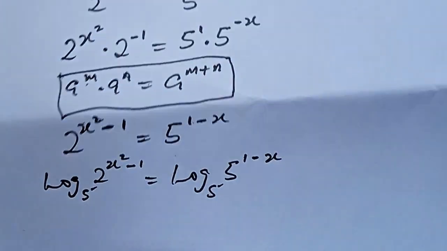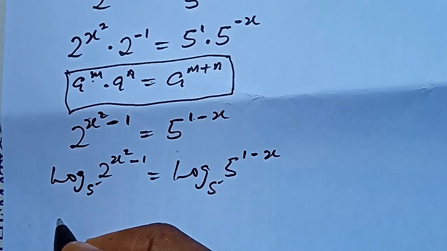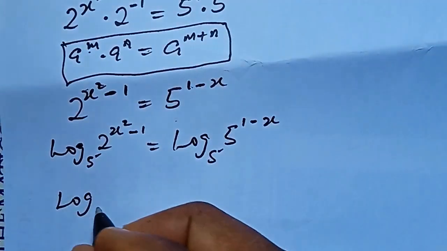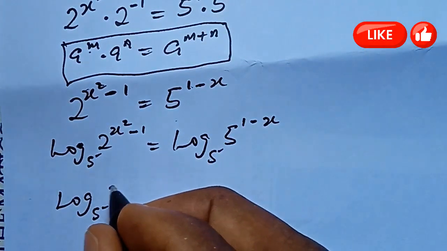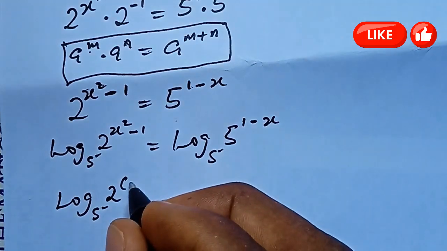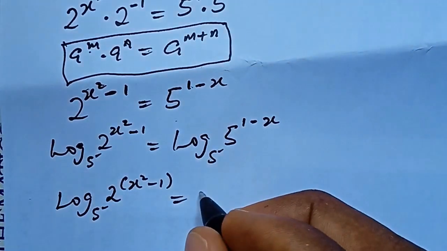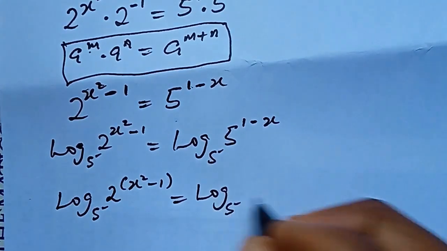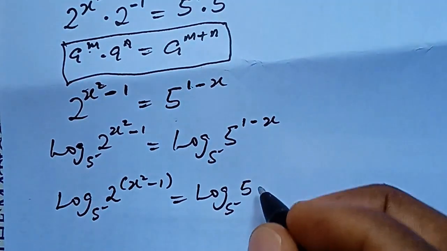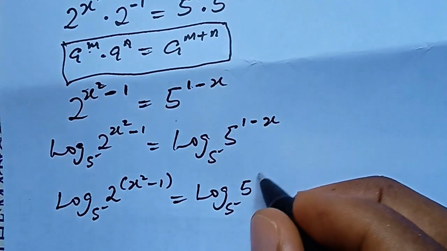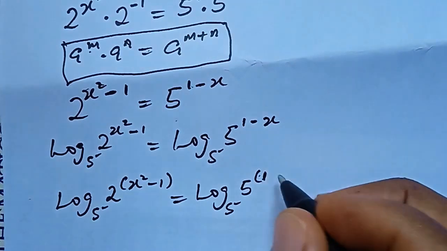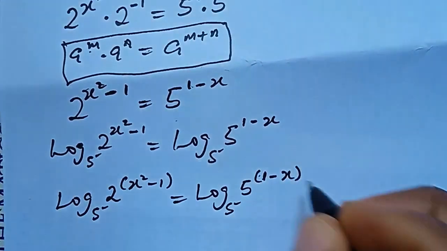Okay, so we can also rewrite this as log base 5 of 2 into bracket x raised to power 2 minus 1 equals log base 5 of 5 into bracket raised to power 1 minus x.